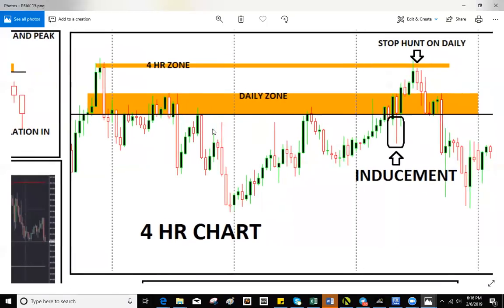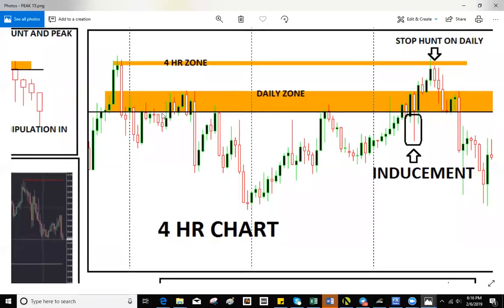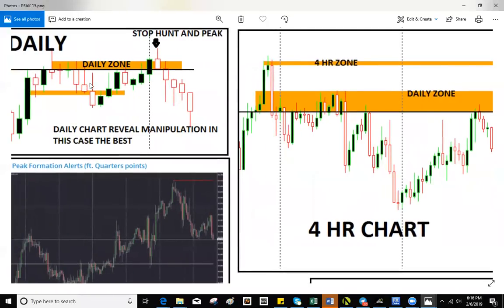Now, the problem is, if you look on the 4-hour, you would have thought that this zone was broken, right? You see candlesticks close above it. But when you look at the daily, you could see that they intentionally did not break that high, even showed a wick here again, then hit the stop. So it made sense of the area that they were working.